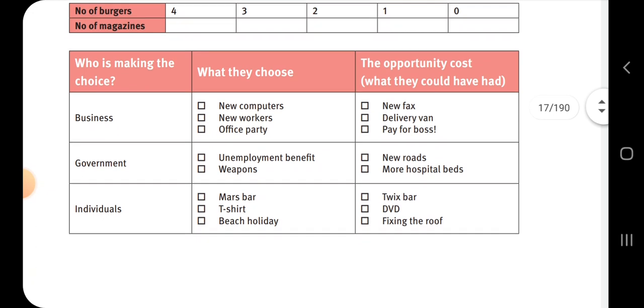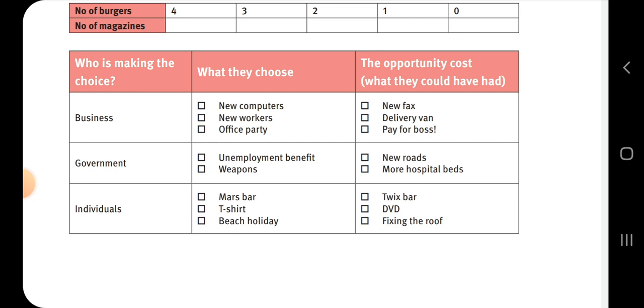So who is making the choice? Business, government, individual. Businesses have to choose between new computers, new workers, or an office party. Government has to choose between employment benefits or weapons. And individuals have to choose between a Mars bar, a T-shirt, or a beach holiday.